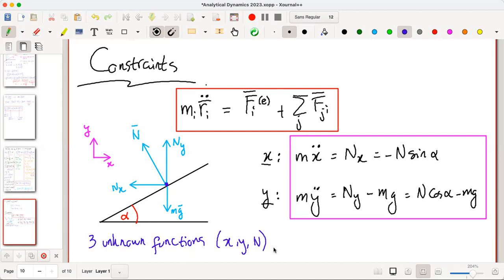What is that piece of information that we overlook? Well, the fact that the particle can only move on the plane. So the particle cannot move off the plane. That's the piece of information missing in these equations.